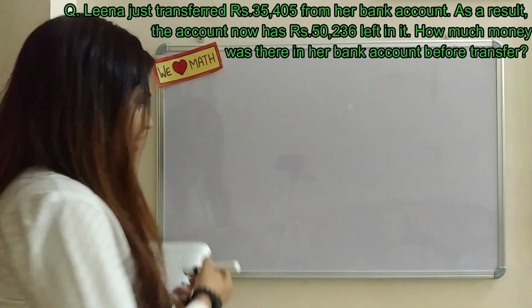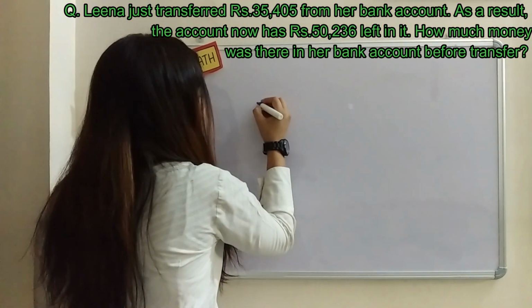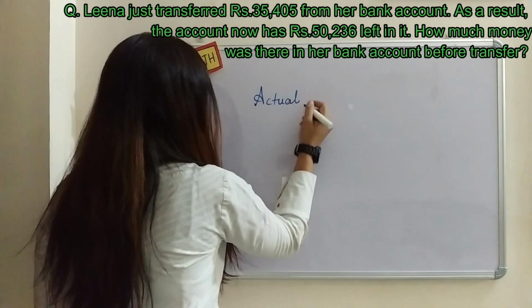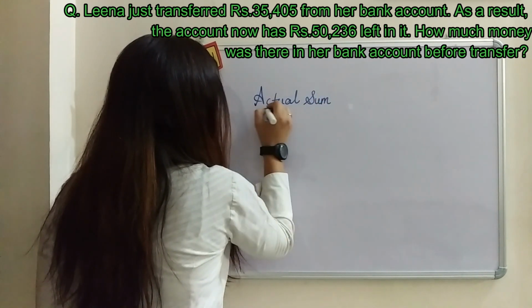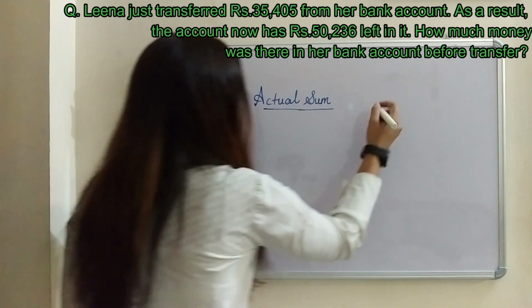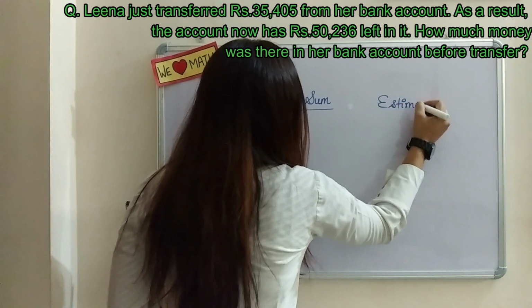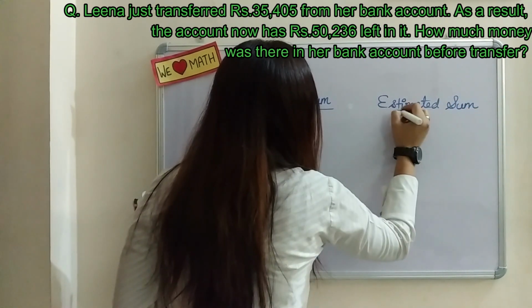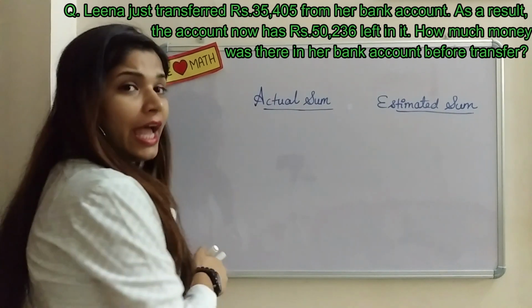So we need to write down at the top heading actual sum and then estimated sum. So for actual sum, we need to write down the actual figures.